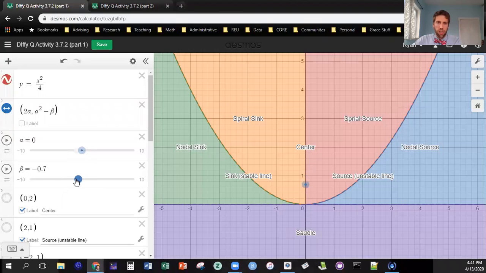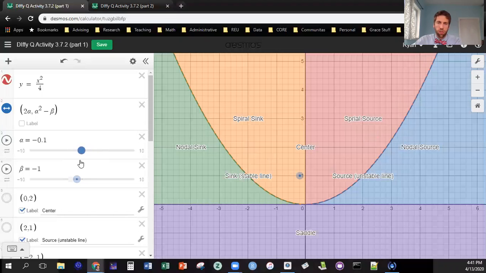If beta is negative and alpha is positive, we have a spiral source, and look at how it just kind of matches the parabola. And if beta is negative and alpha is negative, we have a spiral sink.